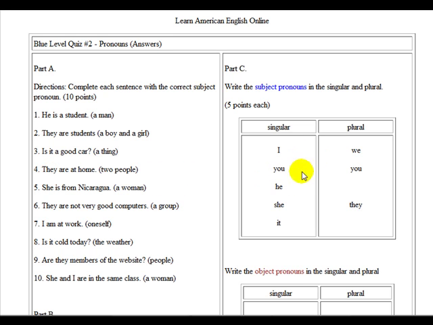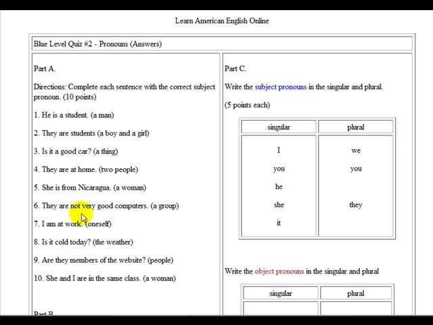And this is what you need to put in there. I, you, he, she, it, we, you, they. Okay? And this would be the plural form, they. She is from Nicaragua, a woman, so we would use she is the proper pronoun, and is, since it's one woman, we use the singular verb.